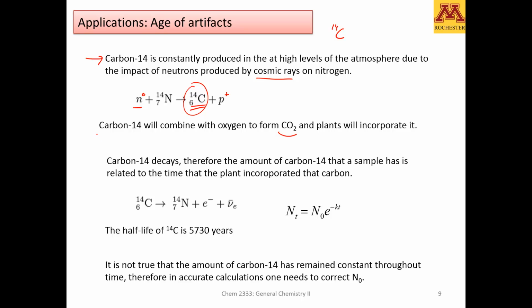What we were saying then is that carbon-14 will be incorporated into CO2 and plants will make it as such. So imagine there is a tree here and there is some carbon-14 in the form of CO2. This will be absorbed and the tree will be eaten by an animal. Wish me luck, let's say that this is a cow, and then here comes a man that eats a cow, whatever.